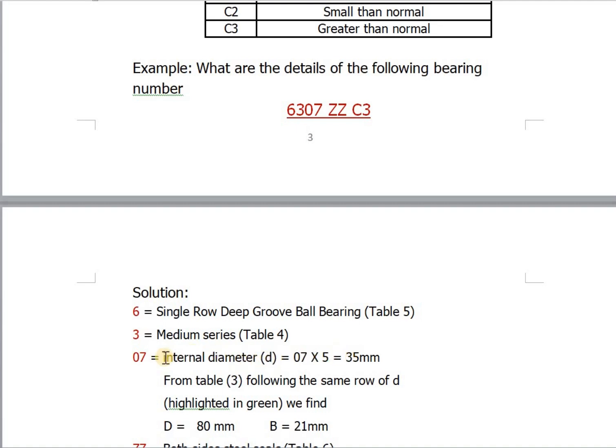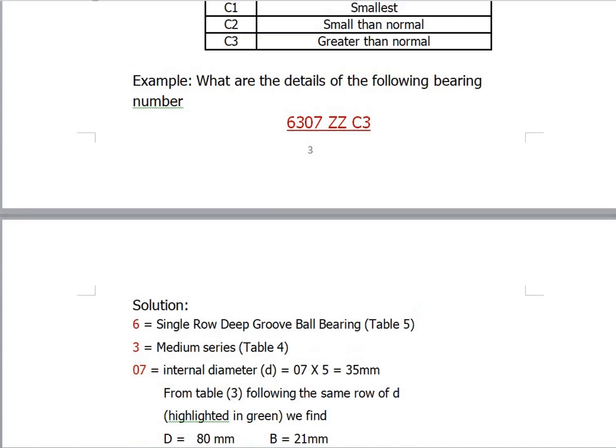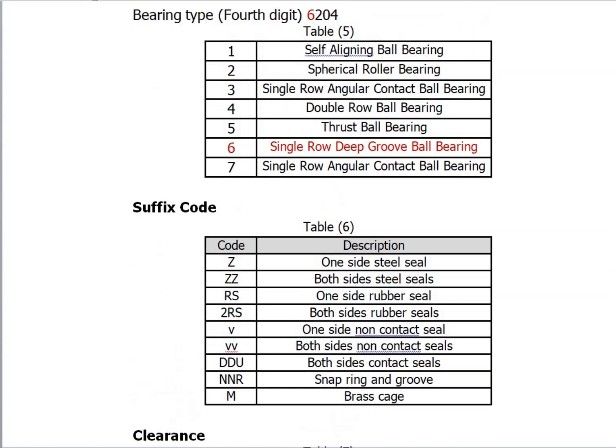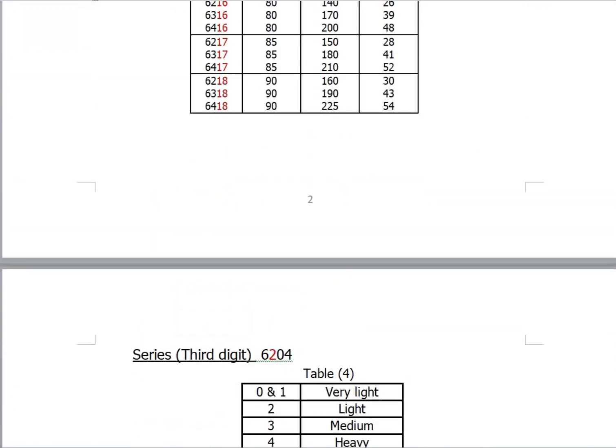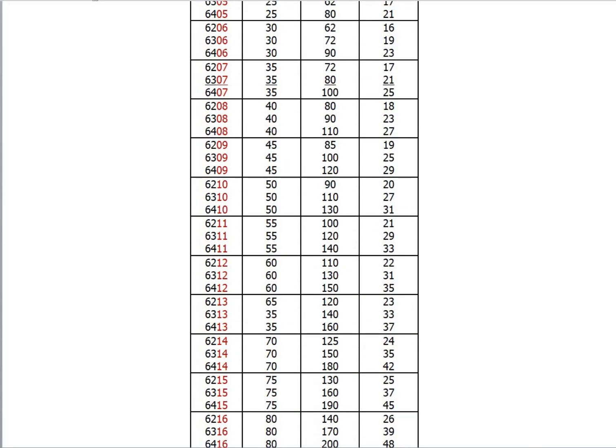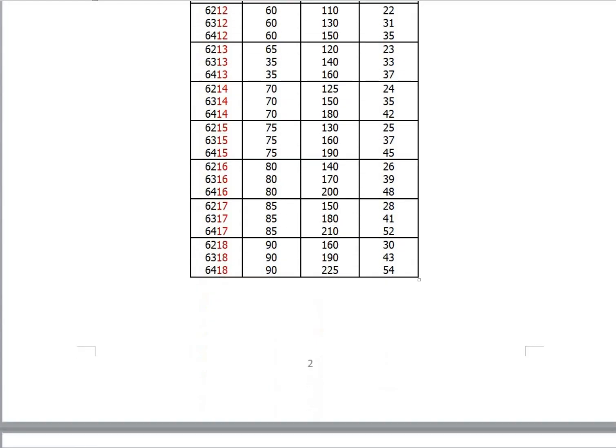We can follow the same row under series 3 and get the remaining dimensions. That means 35, 7 multiplied by 5, internal diameter 35, outside diameter is 80, and the width is 21 millimeters.